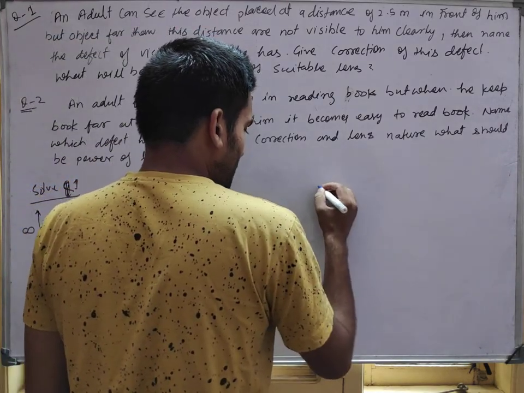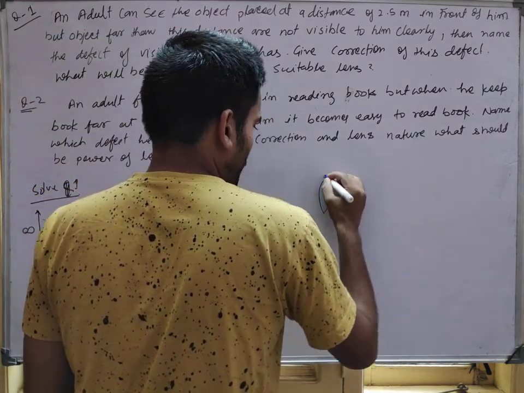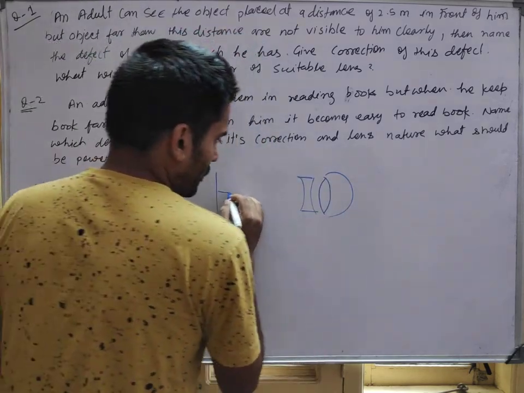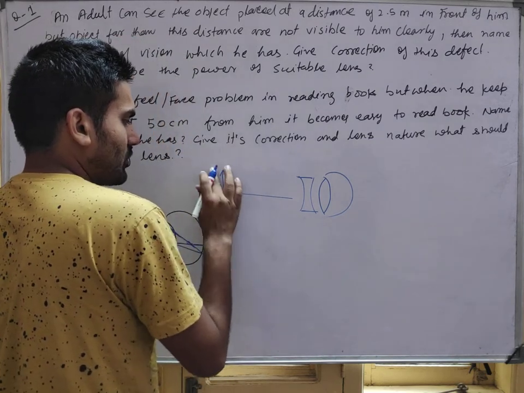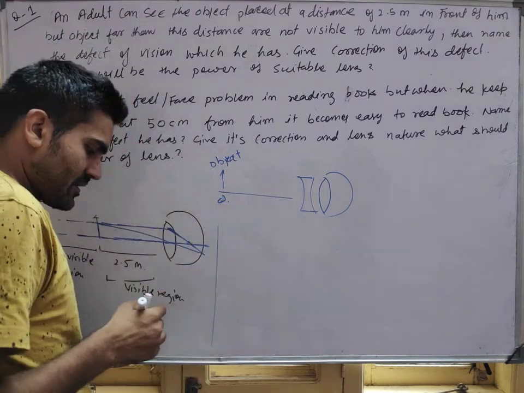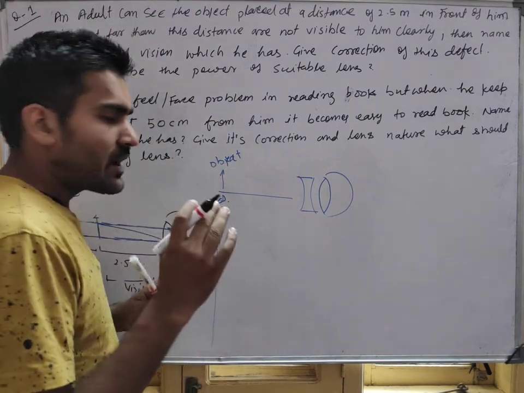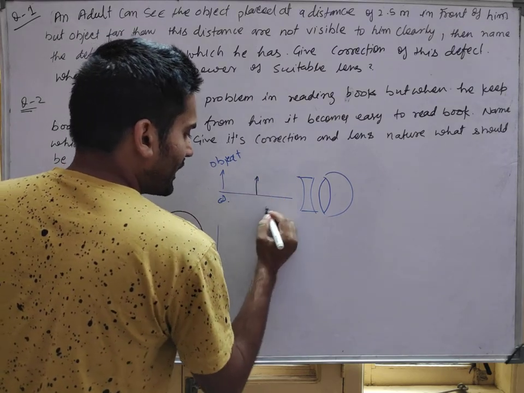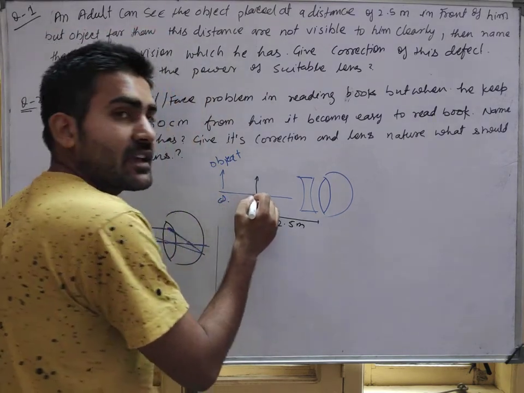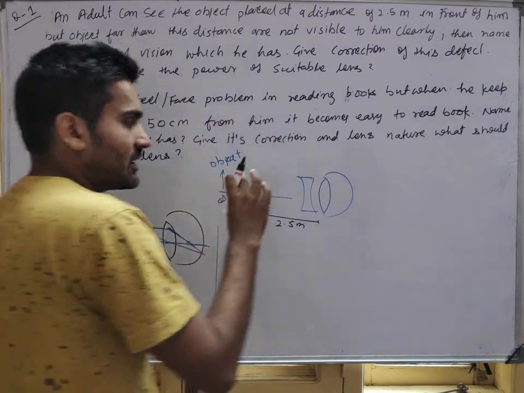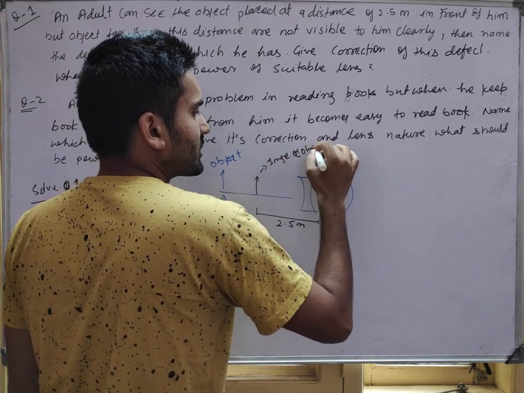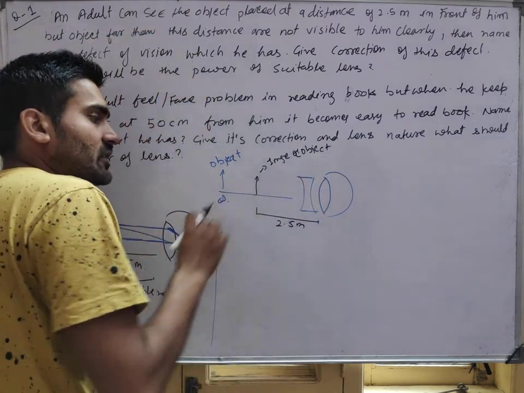Let us say this is the eye of a human, and we keep the lens like this. The object is at infinity here. When the object is at infinity, if we manage to get the image at 2.5 meters from here, then this image will behave like an object for this eye.